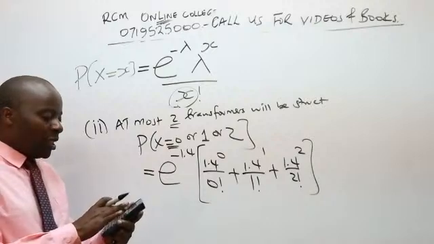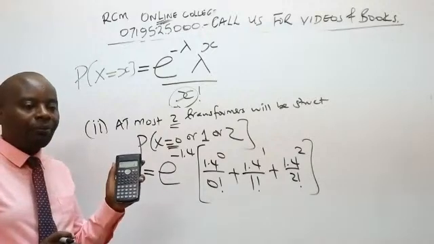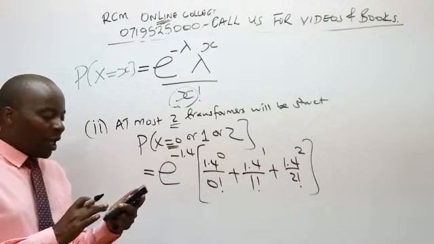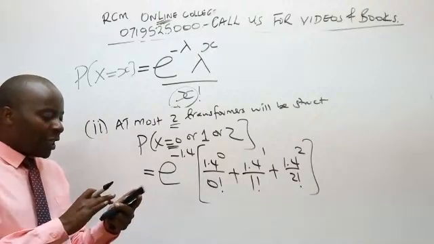So first of all, E. So we have shift E, minus 1.4. You say equals first. And then we have times open bracket.